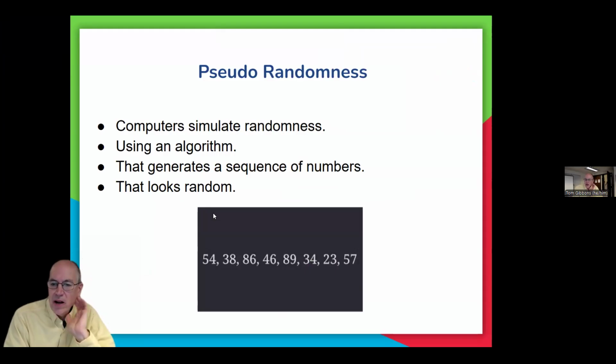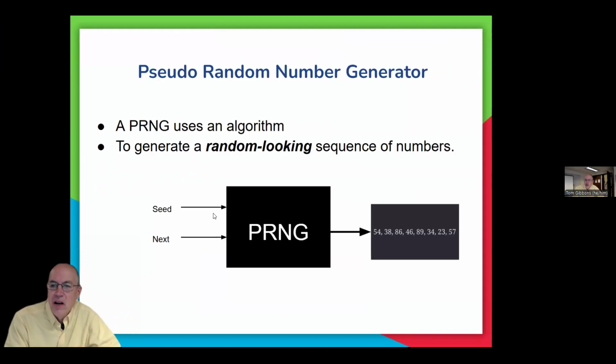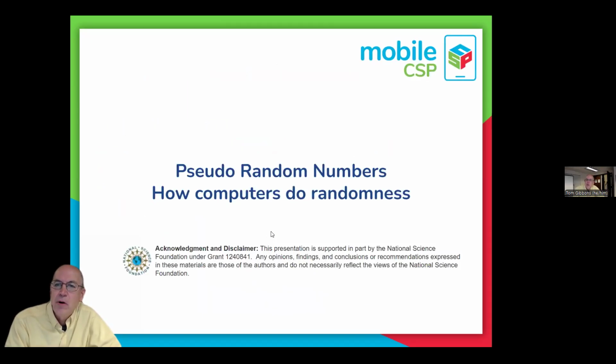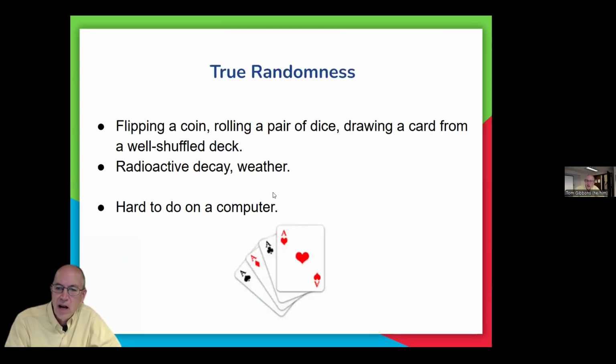So again, what we want to do is generate a sequence of random numbers. PRNG is pseudo-random number generator, and that's what they're talking about here.